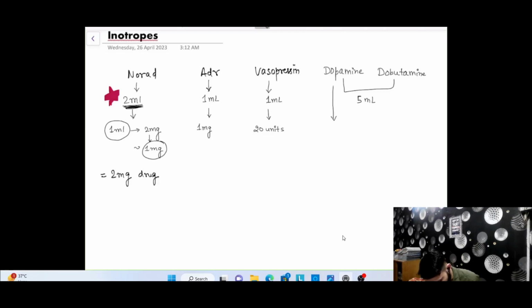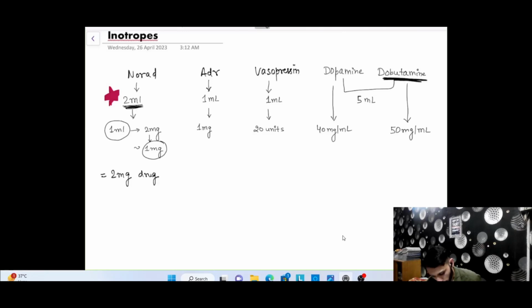Then comes dopamine and dobutamine. Dopamine is 40 mg per ml. And because the number of letters in dobutamine is more as compared to dopamine, this is just a way to remember that dobutamine has 50 mg per ml.